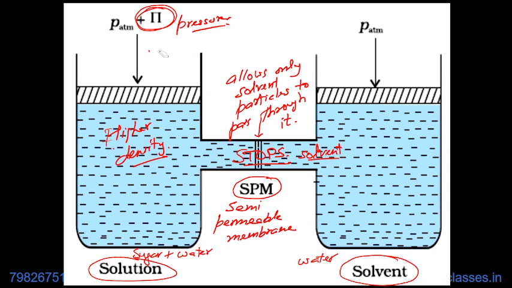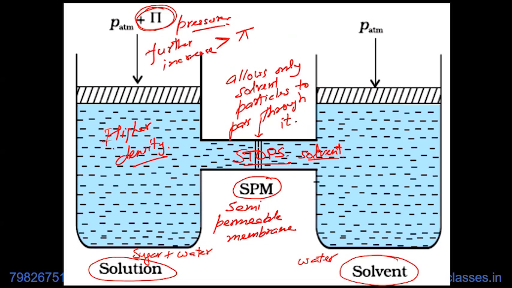If we further increase it, greater than pi, where pi is osmotic pressure, the pressure which stops the osmosis.